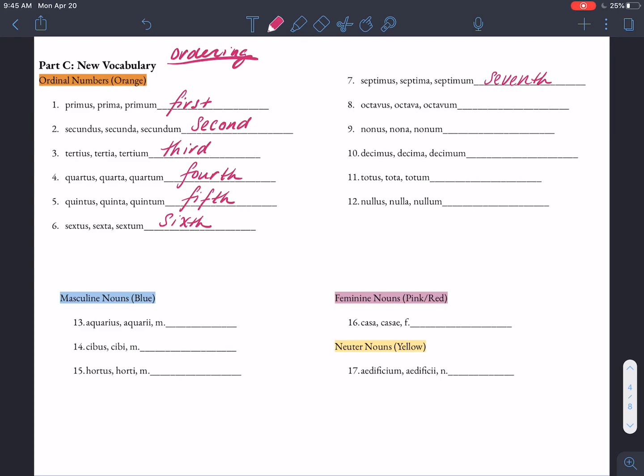Number 8, please repeat. Octavus, octava, octavum. That's the eighth. Next, nonus, nona, nonum.